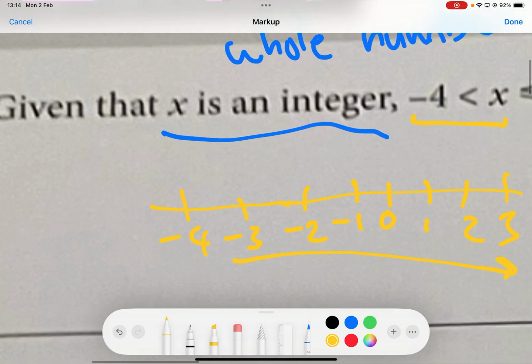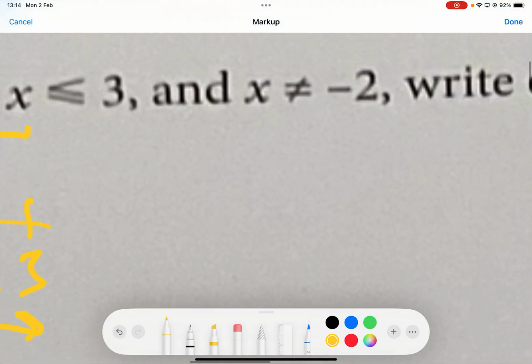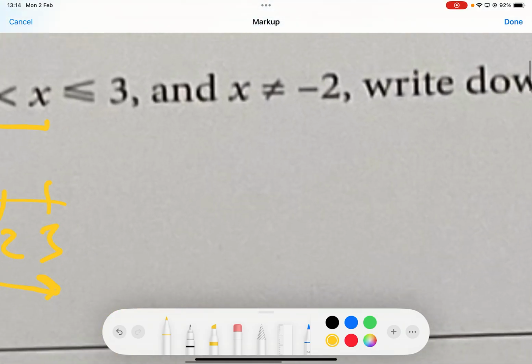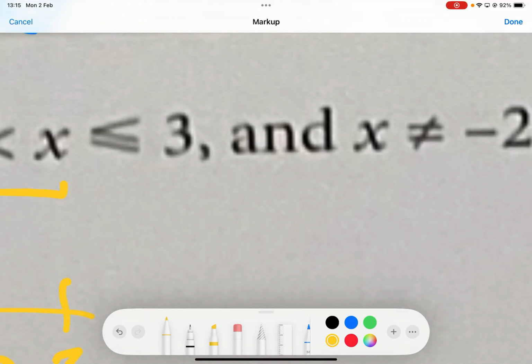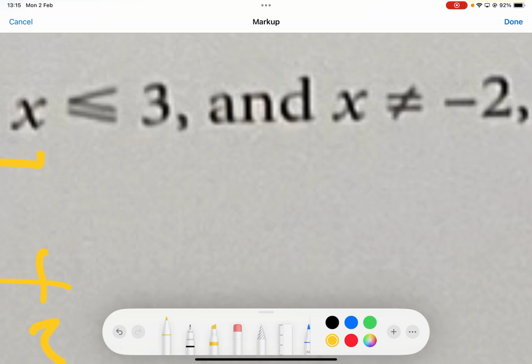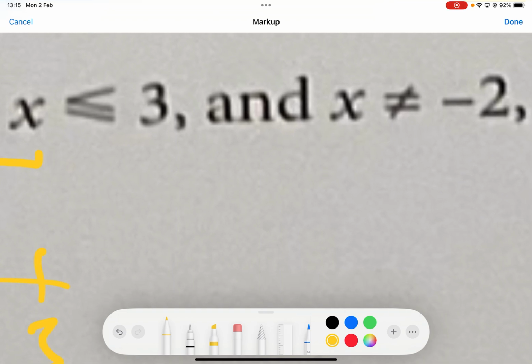But there is another line, or within the same line, they tell me x must be smaller than 3. Then why does this smaller sign have another line? Okay? When we have this sign, it means x can be smaller or equal.